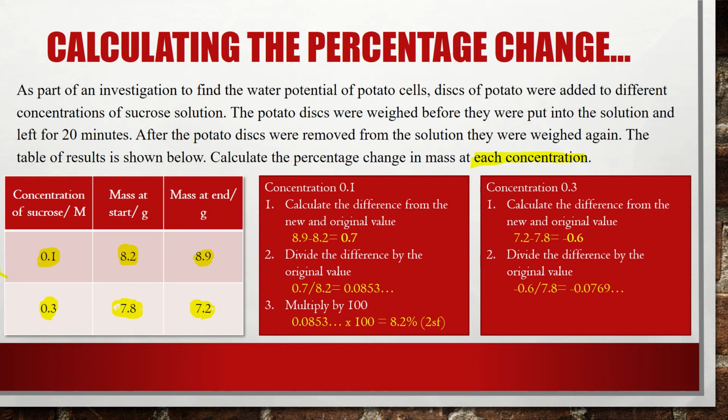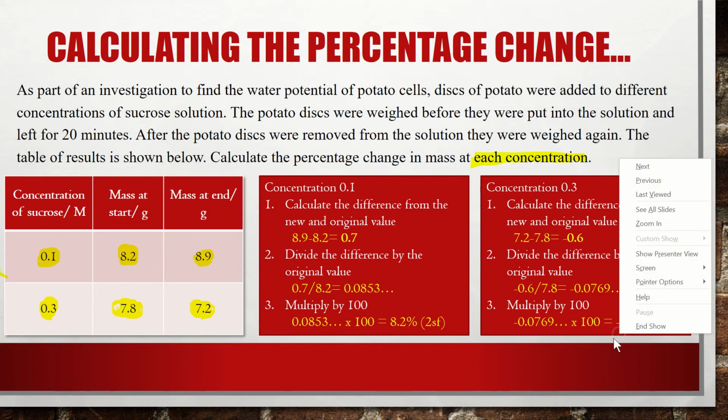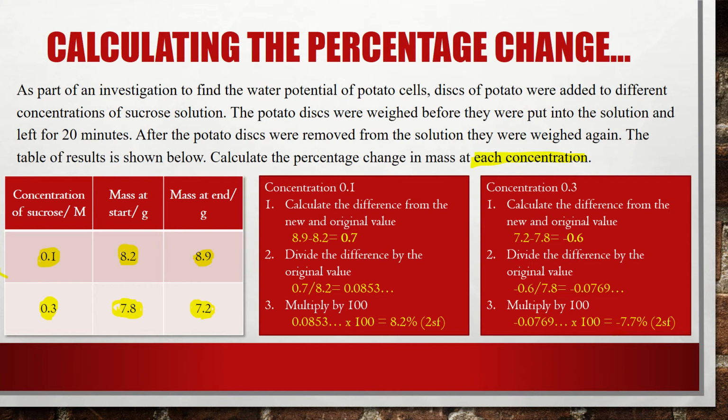That's going to give us minus 0.0769. Multiplying by 100 to get our percent, we can see our result as minus 7.7. So we have a minus here, and that minus actually shows that's a decrease.